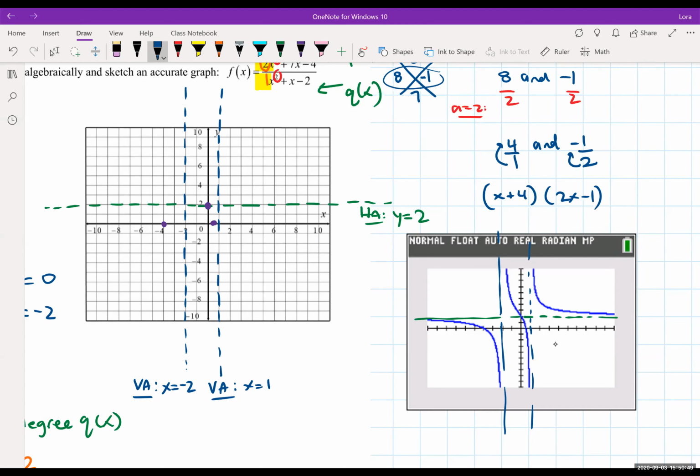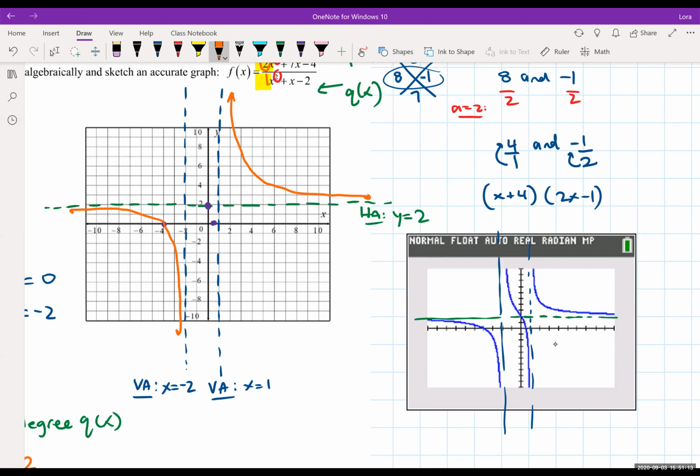It looks like there's some sort of reflection or symmetry in the upper right hand side and also the lower left. So I have to cross through -4 because that's my x-intercept.